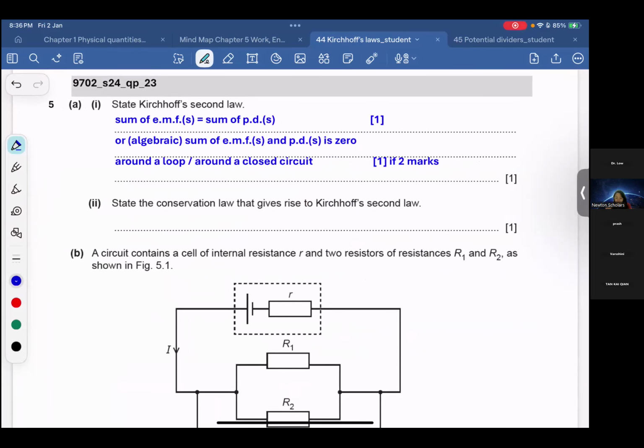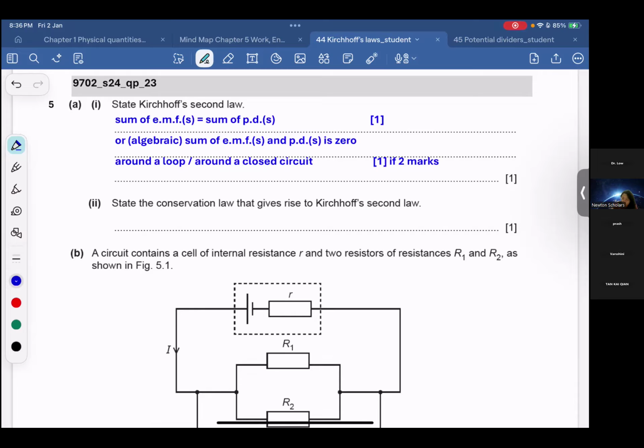State Kirchhoff's second law. Kirchhoff's second law is that the sum of the EMF equals the sum of the potential difference. If it is 2 marks, then you have to mention around a closed circuit or around a complete circuit. State the conservation law that gives Kirchhoff's second law.